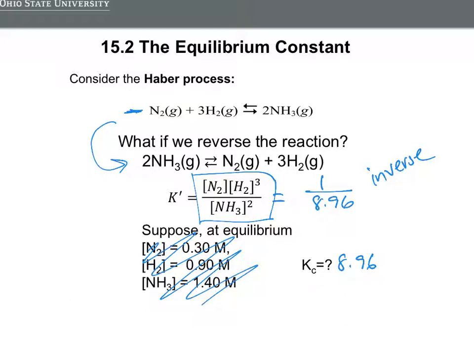Questions? Okay. So if you reverse the reaction, K prime, the new equilibrium constant for the reversed reaction, is 1 over what it was for the opposite. So we can write K prime equals 1 over Kc.